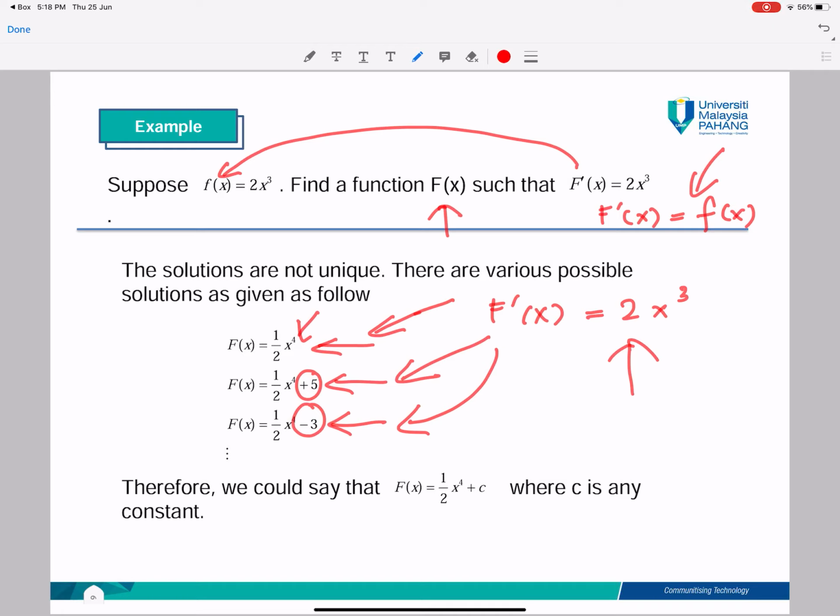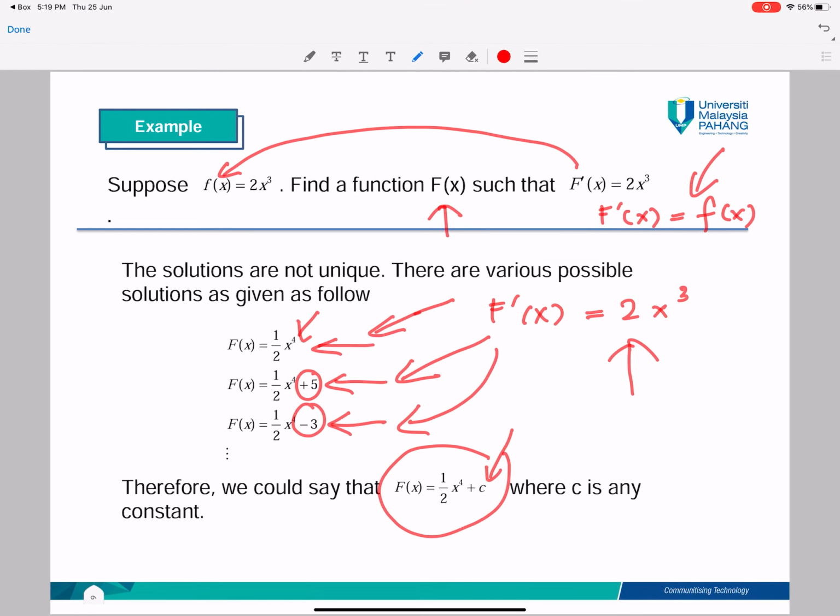Therefore, when we write the antiderivative or the result of the integration, we want one general answer. So for the final answer, we will write capital F(x) is equal to 1 over 2 x power of 4 plus c.